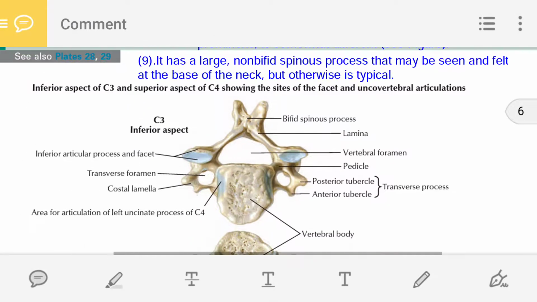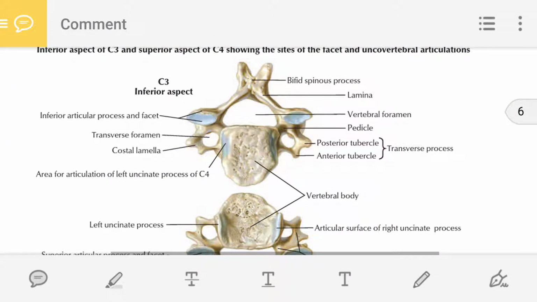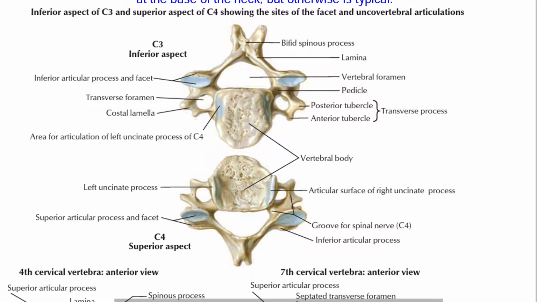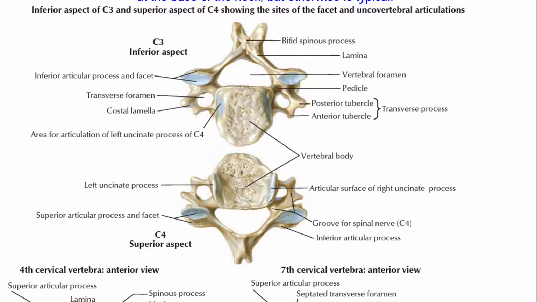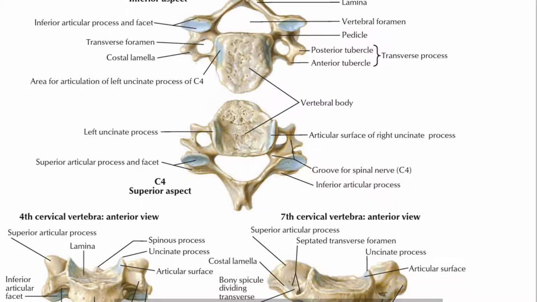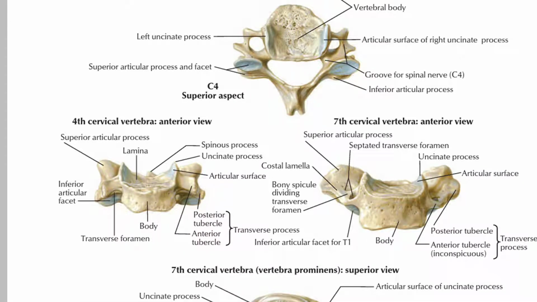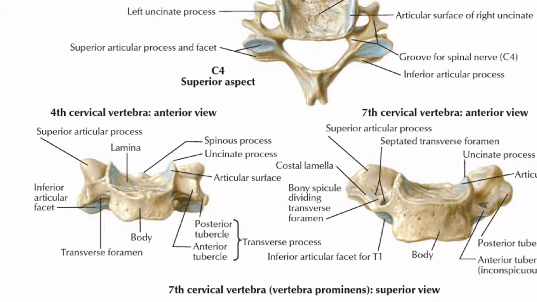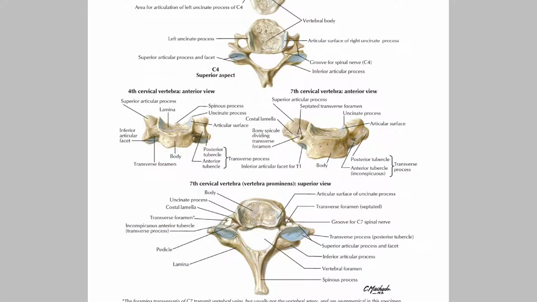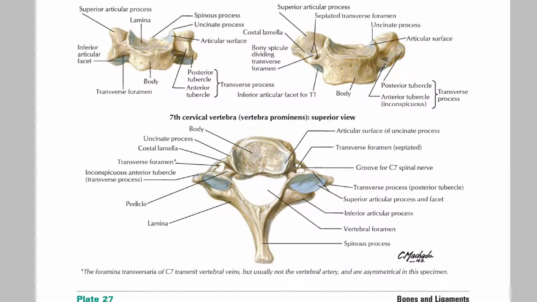Now you closely observe this figure. For C3, try to remember all the names, then try to remember all the names for C4. C4 anterior view, seventh cervical vertebra, this is the anterior view, and this one.